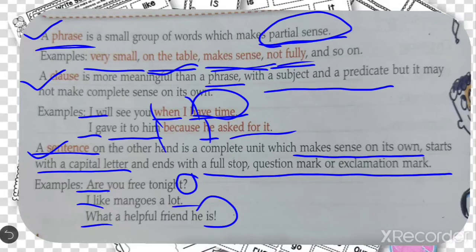A sentence is meaningful, complete, giving the sense of the thing. It starts with a capital letter, ends with a full stop, question mark or exclamation mark. I hope students, it's clear for you what are phrases, what are clauses and what are sentences.